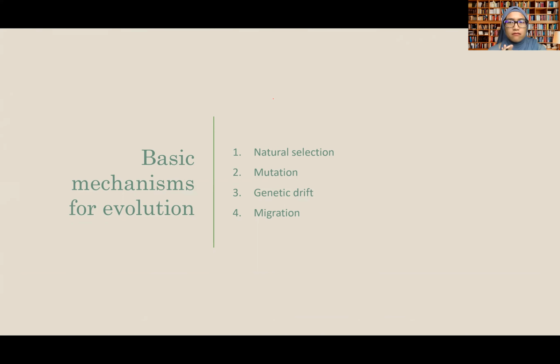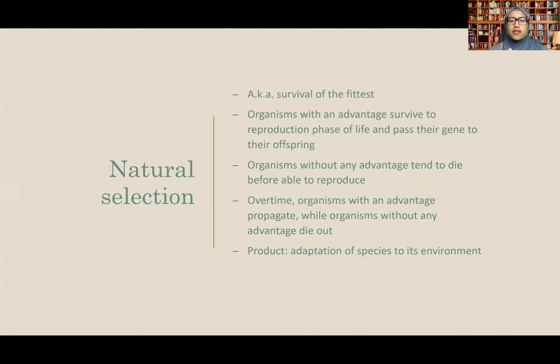Genetic drift, maybe not many people. Migration is pretty straightforward, I think you can guess what it is. But natural selection and mutation, most people have heard about them but don't really know the details. So let's go into natural selection.